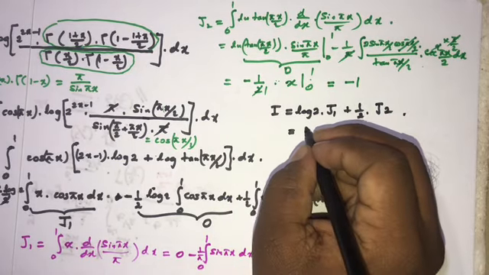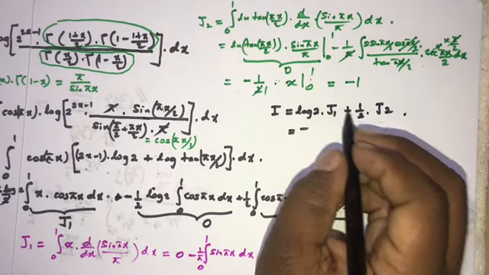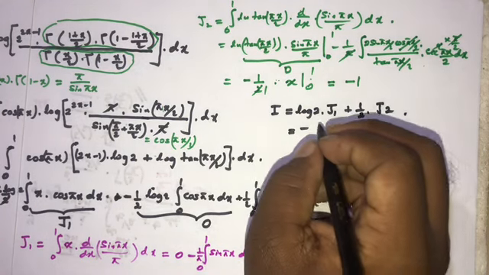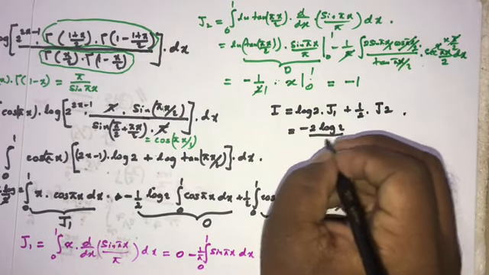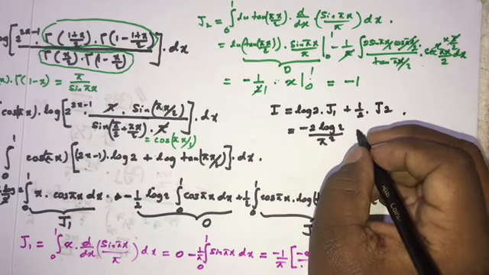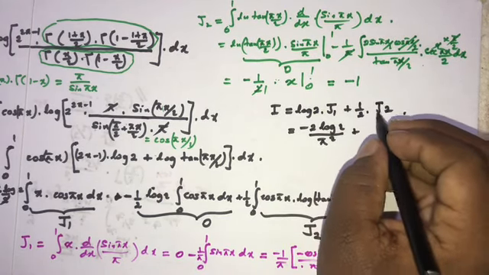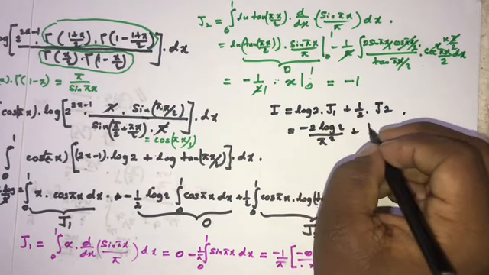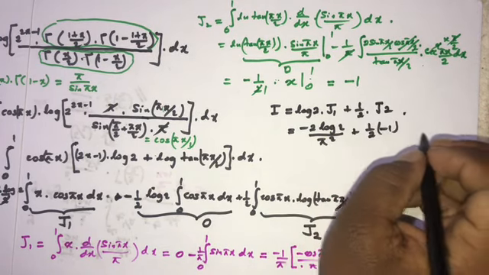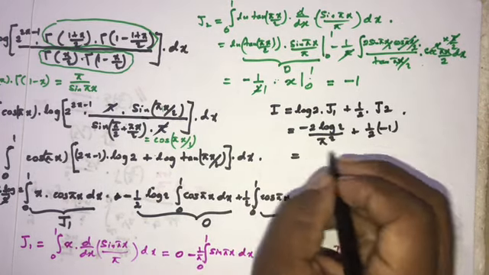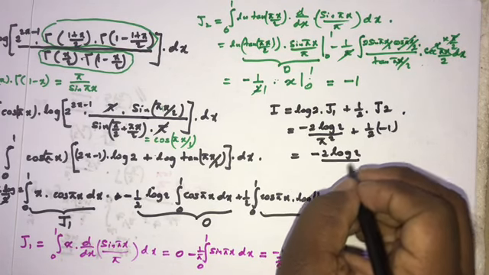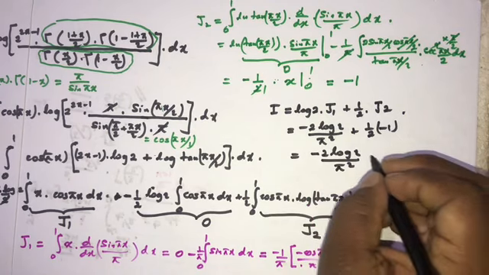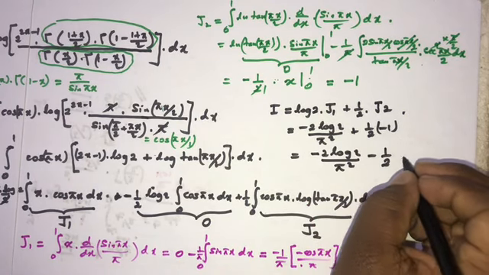Now we evaluated J1 as minus 2 over pi square, so minus 2 natural log of 2 over pi square, plus 1/2 J2, which is equal to minus 1. So this is equal to minus 2 natural log of 2 over pi square minus 1 over 2. Okay, this is the answer.